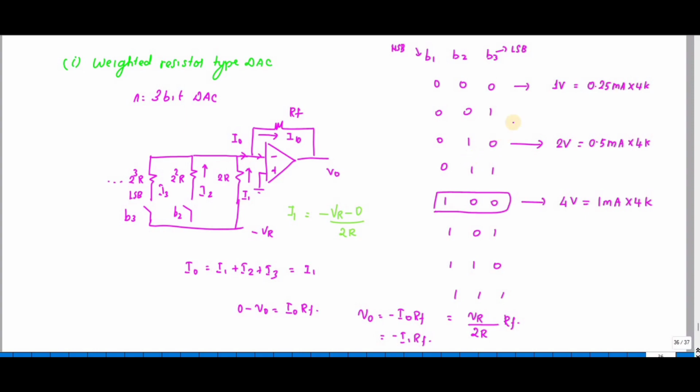This one is obviously 0 because no current is flowing here. This is 1 volt because this is 0.25 milliamps into 4K. What about this one? Here these two currents are flowing, I2 and I3, and they should be added.